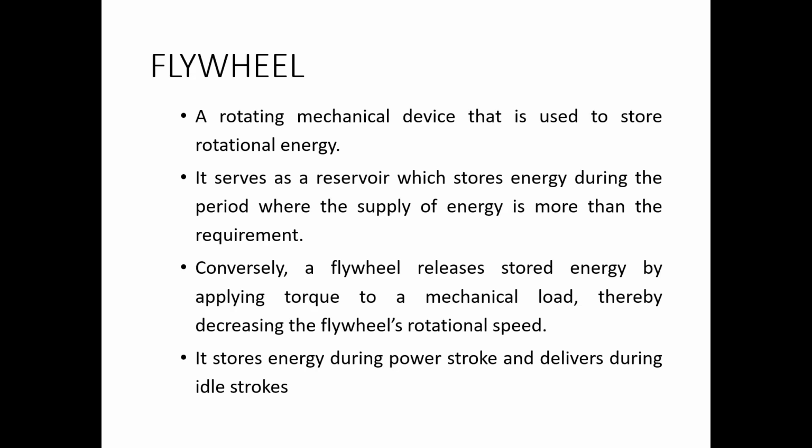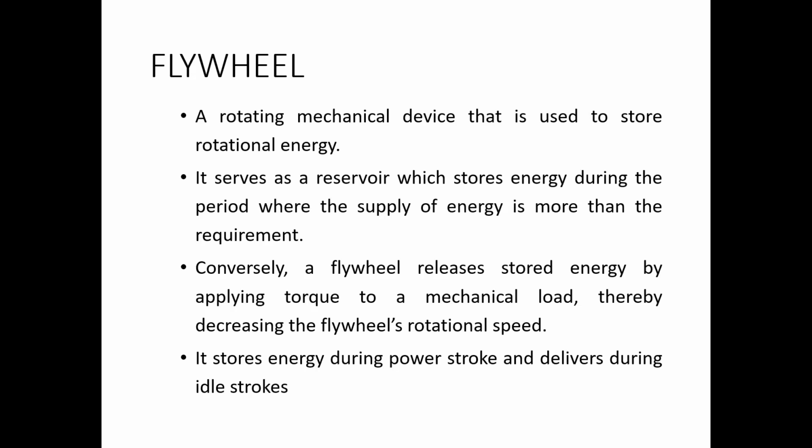Now the flywheel releases the energy that is stored in it by applying torque to a mechanical load, and thereby it decreases the flywheel's rotational speed. So now we will see how the flywheel is related to the crankshaft or the engine parts.